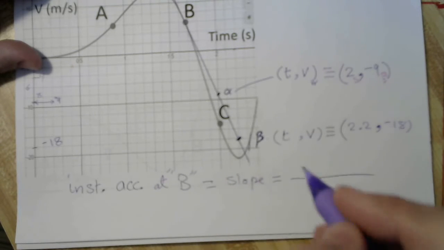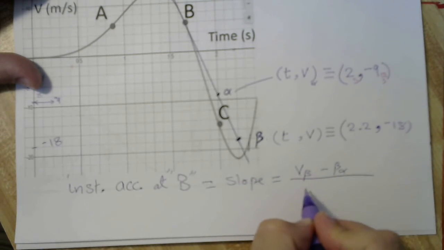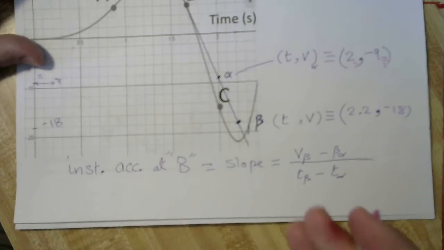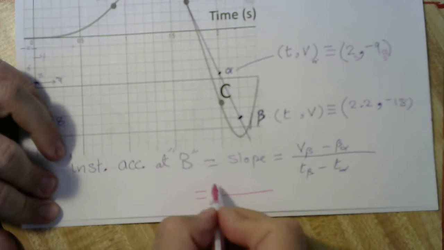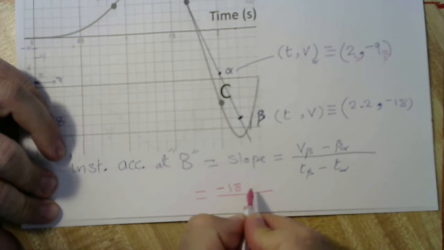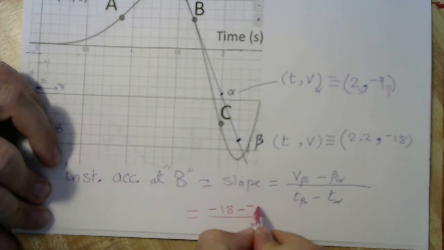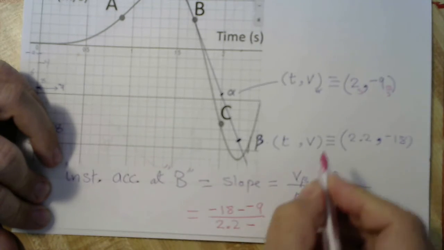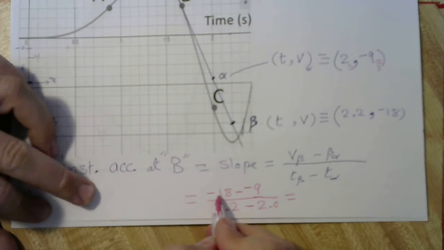This is V beta minus V alpha over T beta minus T alpha. I can compute that: V at beta is negative 18 minus V at alpha, negative 9, over T at beta, 2.2, minus 2.0.